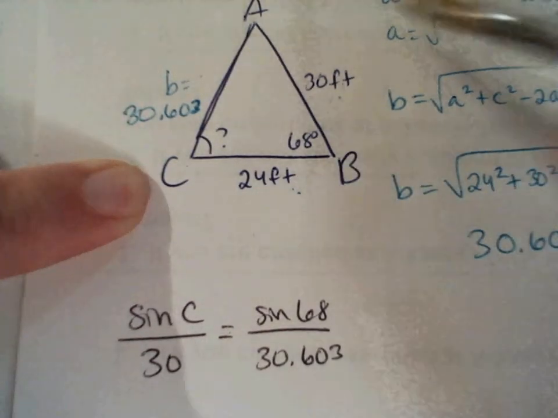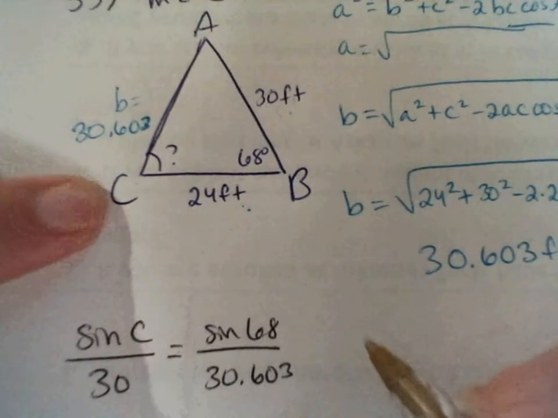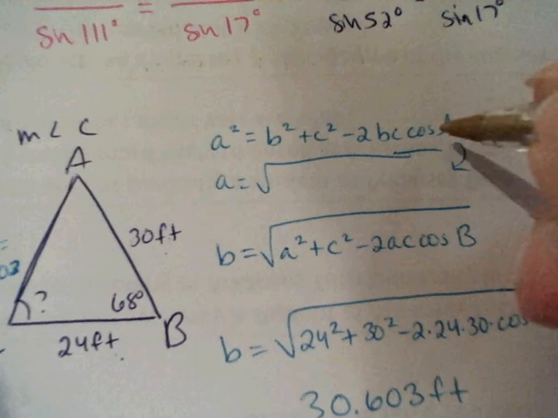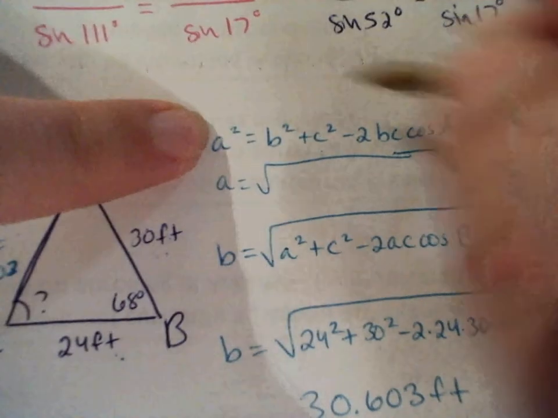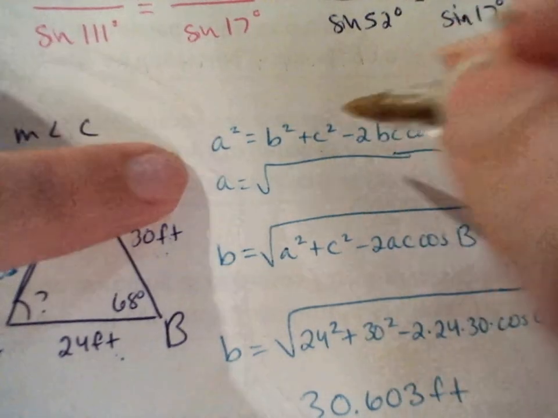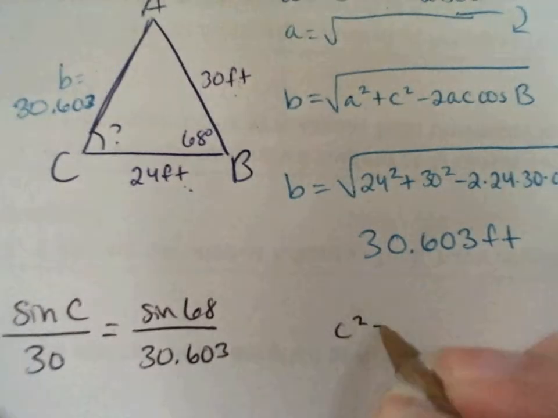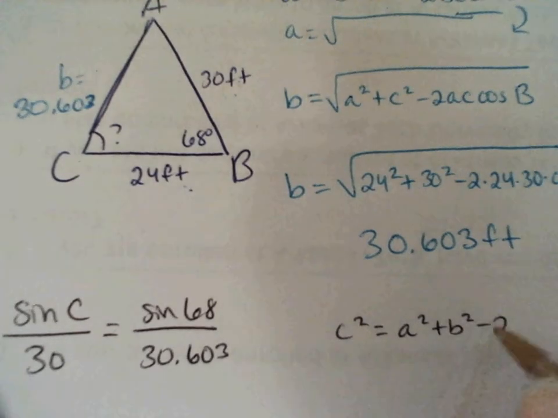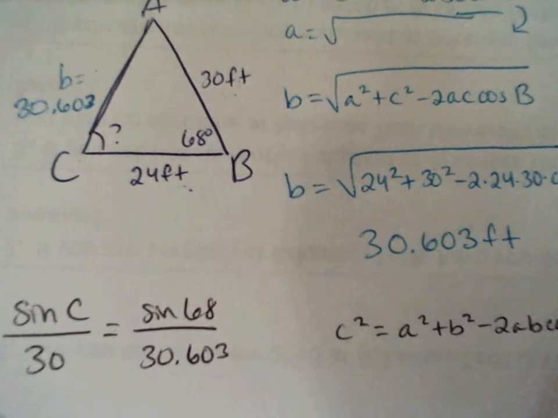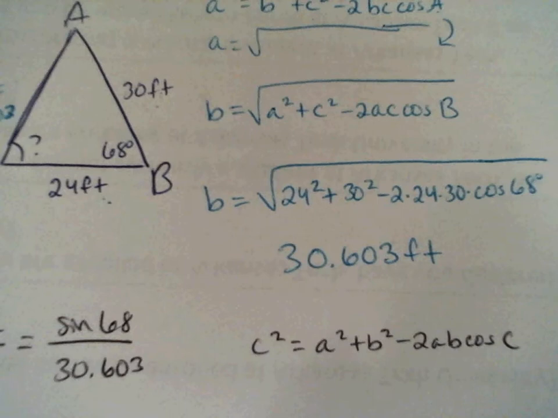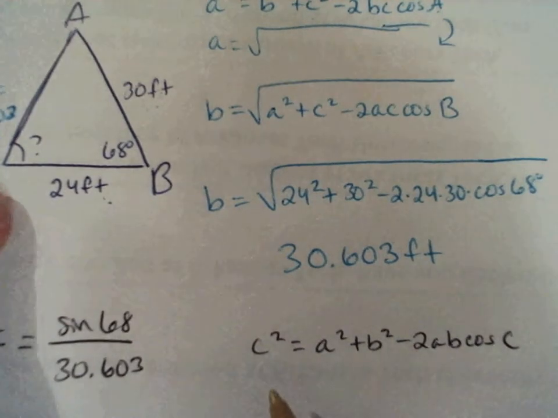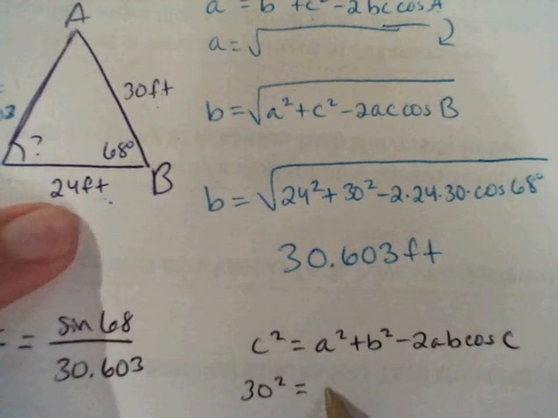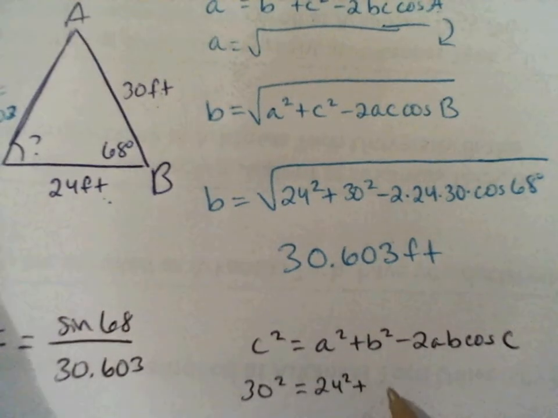I can also solve for angle C if I use this law of cosines formula. I'm going to rewrite it though. If I want to solve for angle C, the only way I'm going to get an angle in there is if it's this one. So if this is C, then that's C, and that's A and B. Okay? So C squared equals A squared plus B squared minus 2AB times the cosine of angle C. If I were to fill this in, C is 30, so 30 squared.